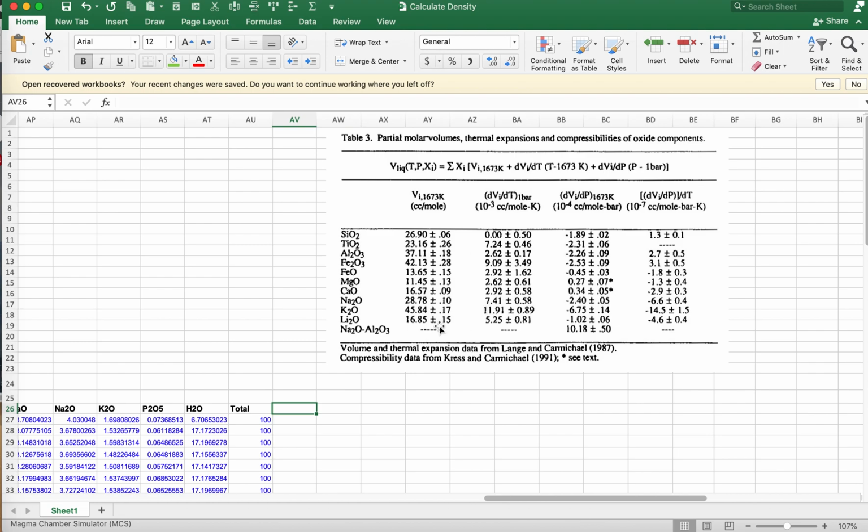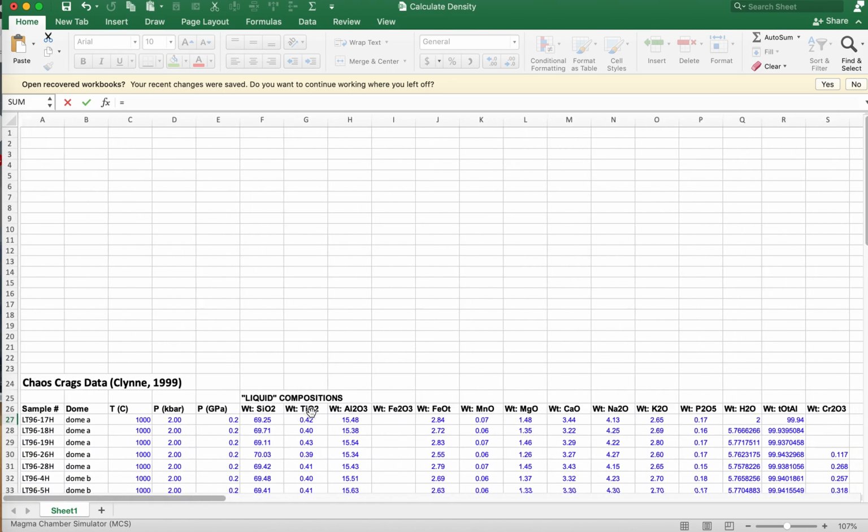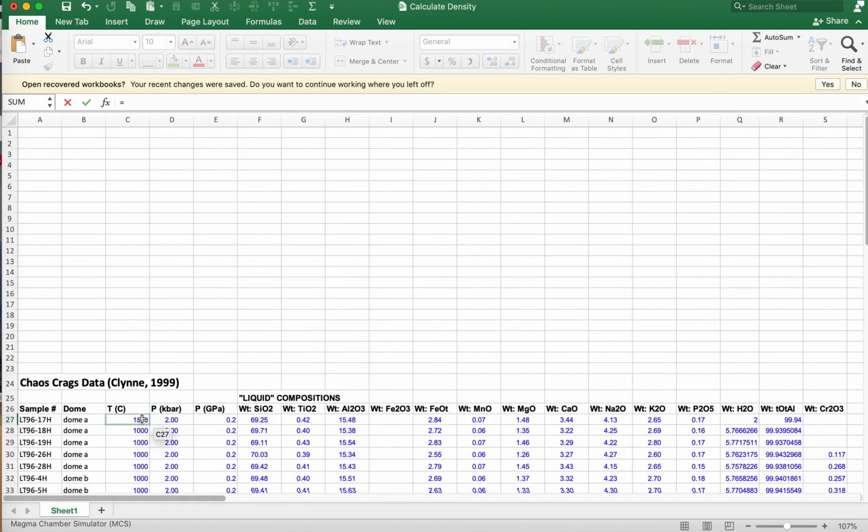What we need to do first is add a couple of columns. We want this temperature difference relative to 1673. So we'll write temperature minus 1673. Now this has to be in kelvins. So over here, we'll take this arbitrary temperature, add 273.15 to convert it to kelvins, and then subtract 1673.